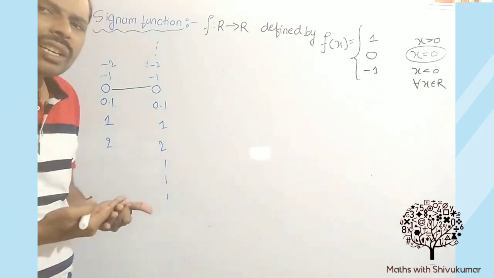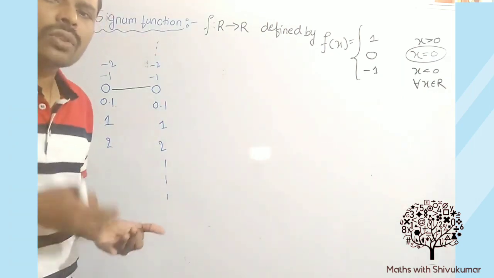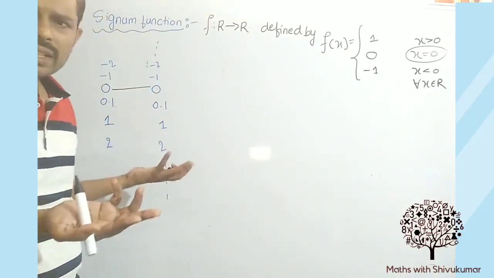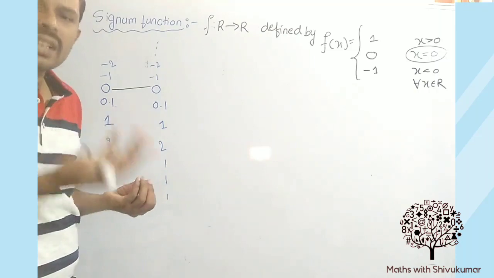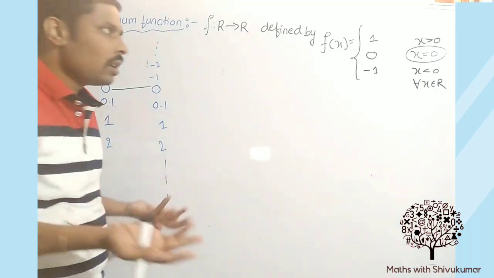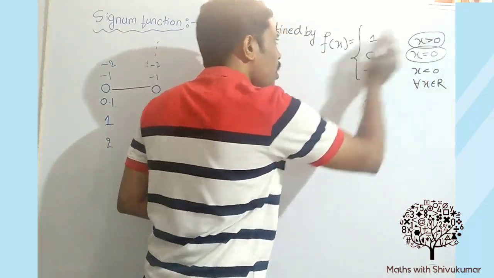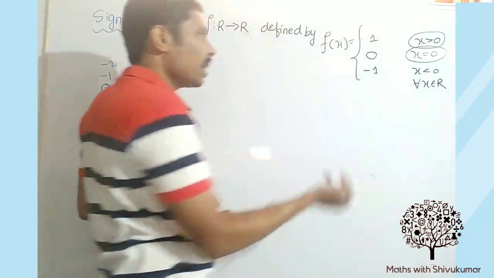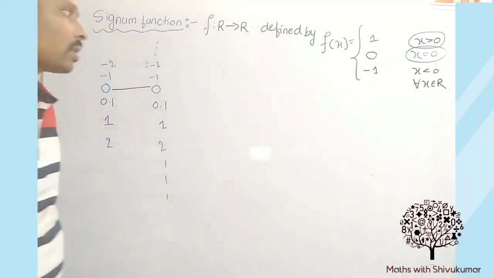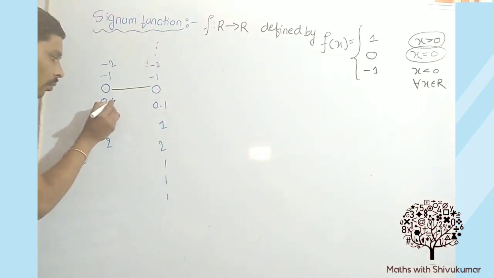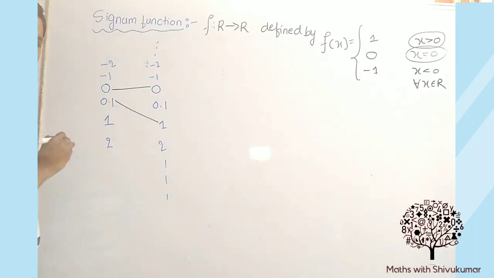Is 0.1 greater than 0, equal to 0, or less than 0? 0.1 is slightly more than 0. So greater than 0 means this branch, and the output, the value of f of x, is 1. So whenever it is 0.5 or 0.1, it will connect to 1.